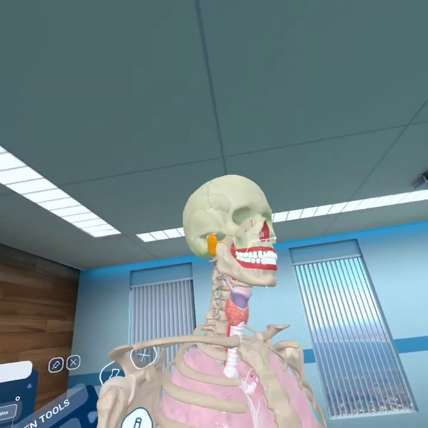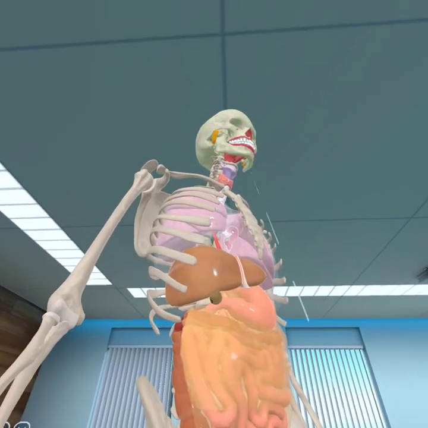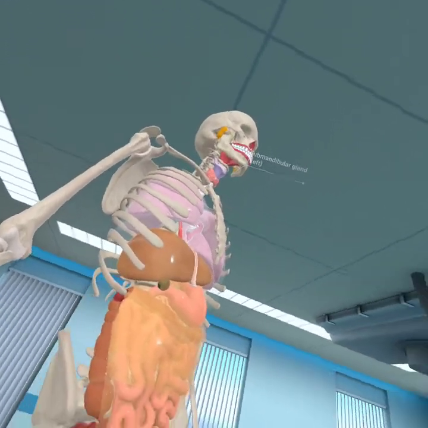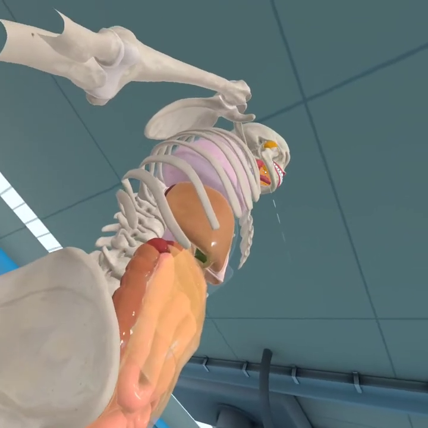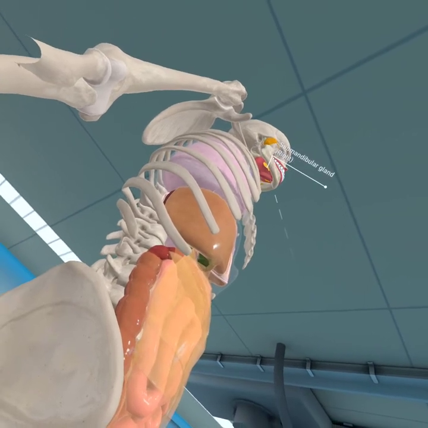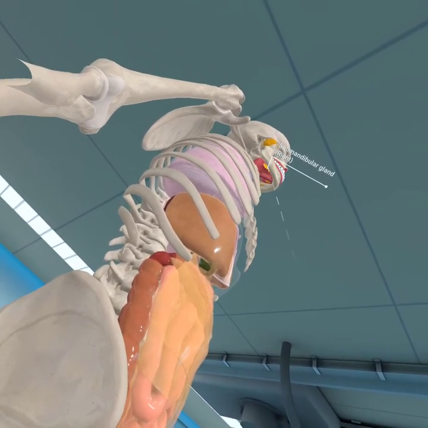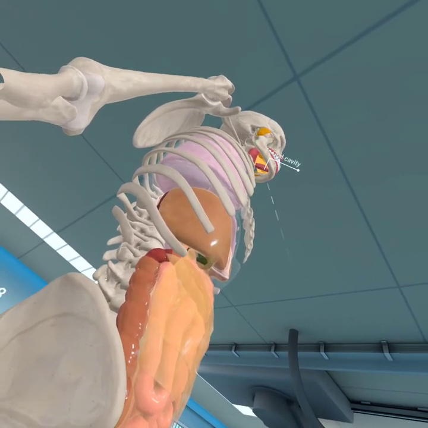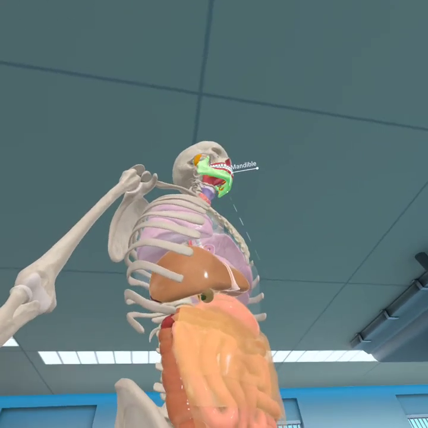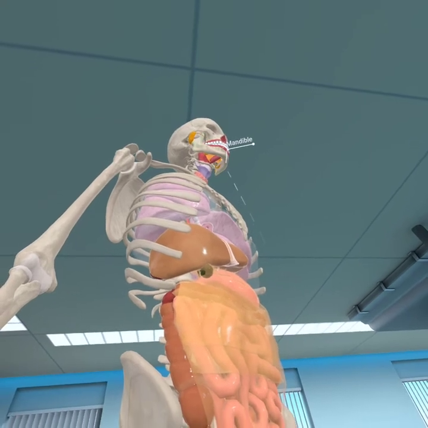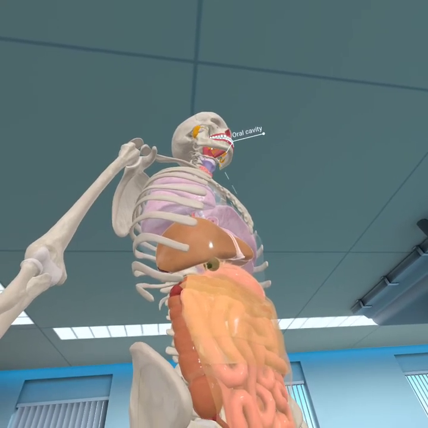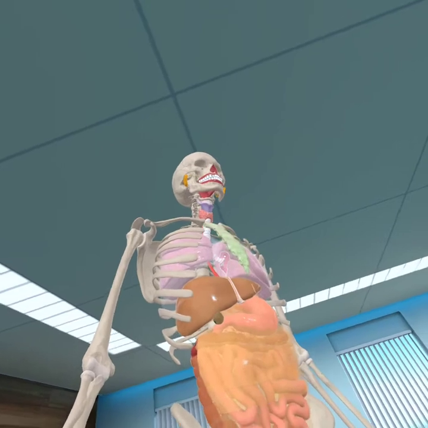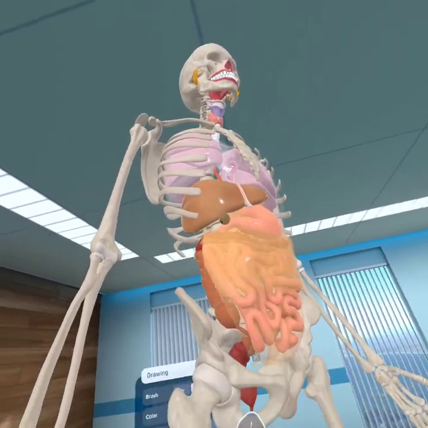Two more things I wanted to show were the submandibular gland, which is beneath the mandible, so that also secretes saliva. Okay, I can't really see it.